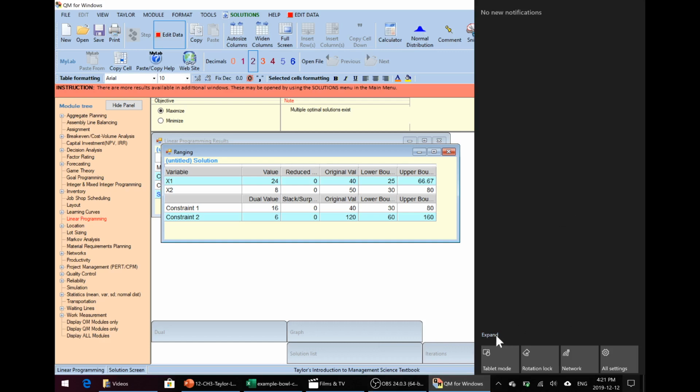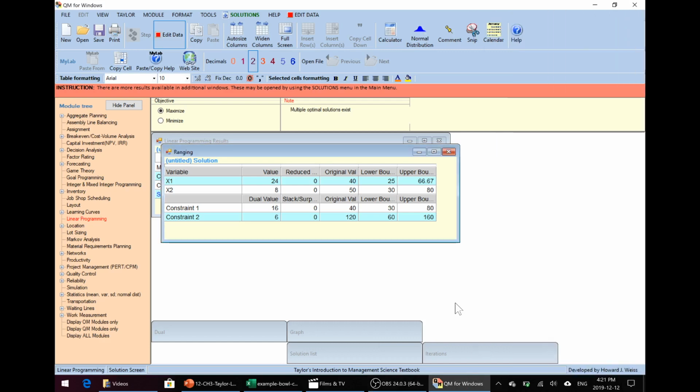And for the constraints also, we can get the dual values. These are the shadow prices, 16 and 6. Slack and surplus, it's showing any slacks. Since we have dual values which are positive, then slacks will be 0.